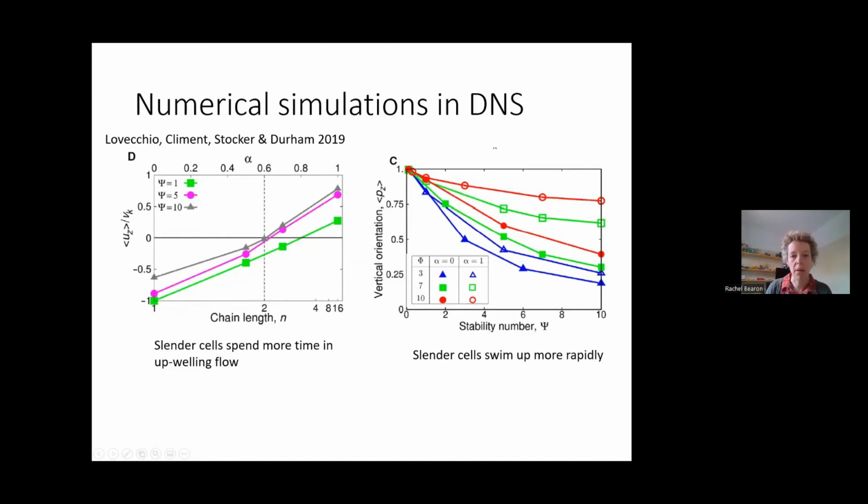So they tend to swim up more rapidly for these parameter values. So these two aspects combined suggest that slender elongated cells have the advantage in turbulence of being transported up both through the upwelling flow, transporting them upwards, and because they're swimming up more rapidly. And we wanted to understand why this was.